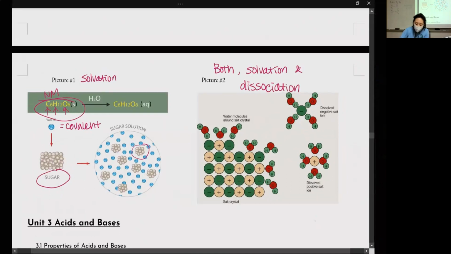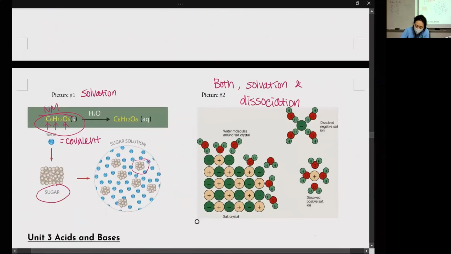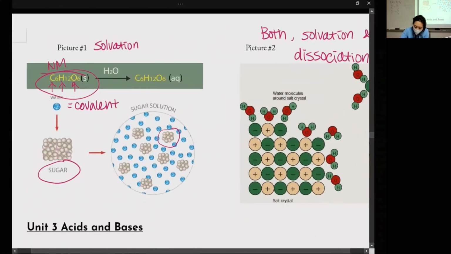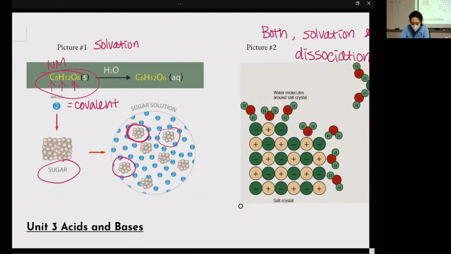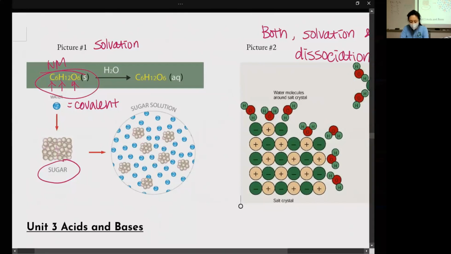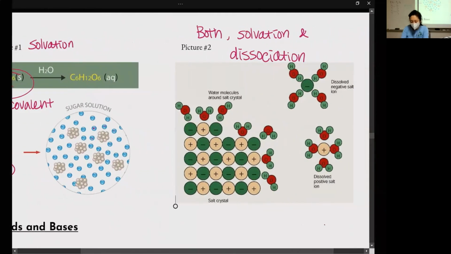I'm going to verbally explain. Solvation is when water molecules are surrounding the sugar or any kind of solute particles. So if you see a solute particle that is being surrounded by these water molecules, then that's definitely solvation. Solvation happens before dissociation.